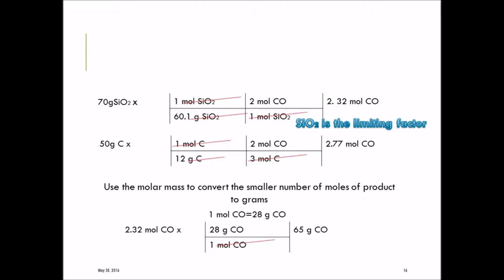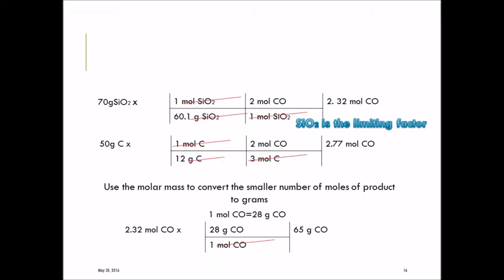Are we on the same track? Well, if not, we can always repeat this process with your calculator. But if you are, you must have noticed that 2.32 is less than 2.77, meaning that the silicon oxide is our limiting factor here.